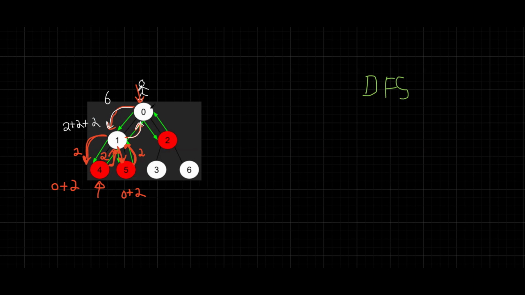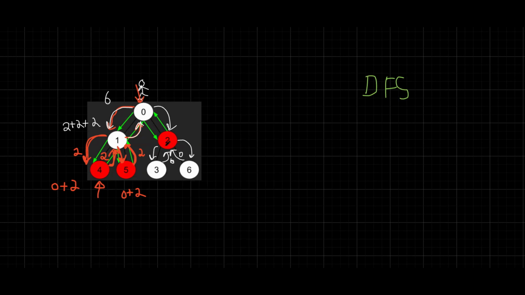Now we are again at node 0, and from node 0 we will go to node 2. From node 2 we will go to node 3. Node 3 does not have any apple, so it will return 0. From 2 again we will go to node 6, and node 6 again returns 0 because it does not have any apple.